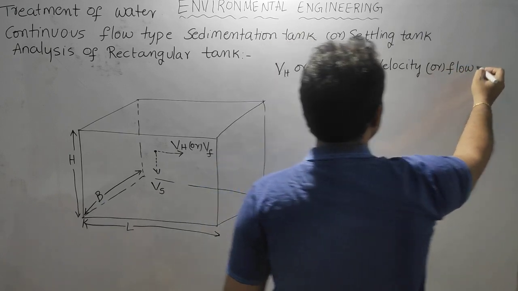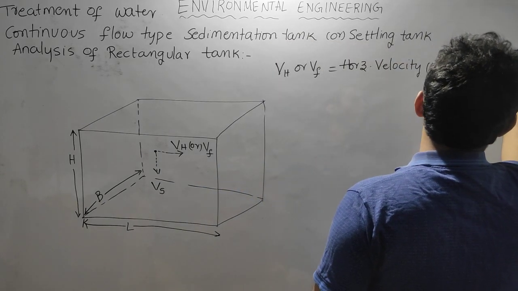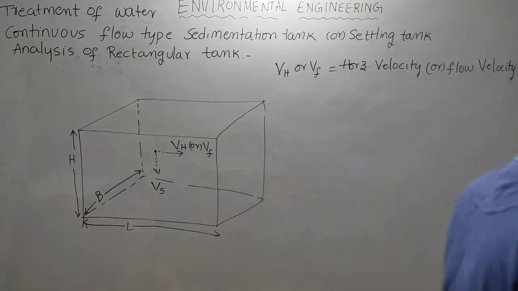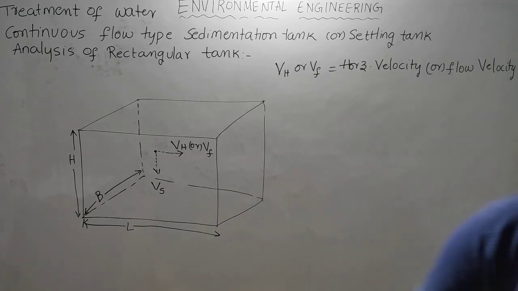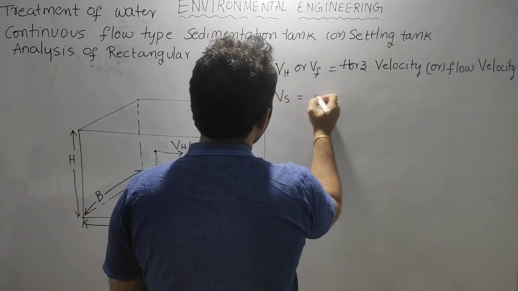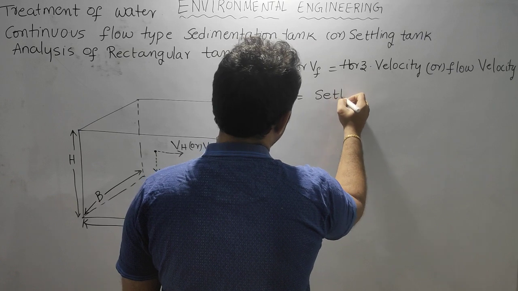I told you the flow is continuously flowing in the tank. So that means the flow will have some velocity, that is nothing but flow velocity. So Vs is settling velocity.